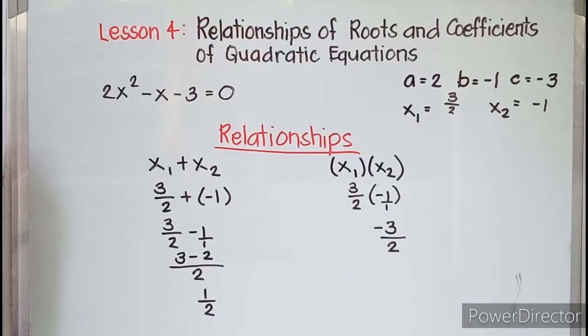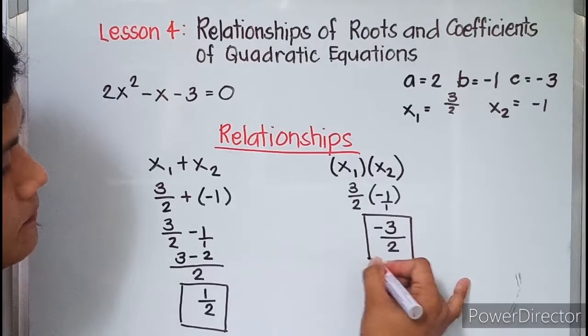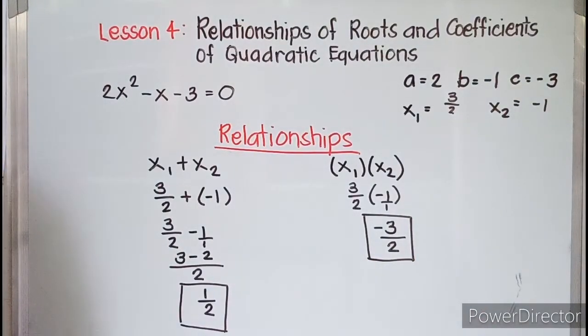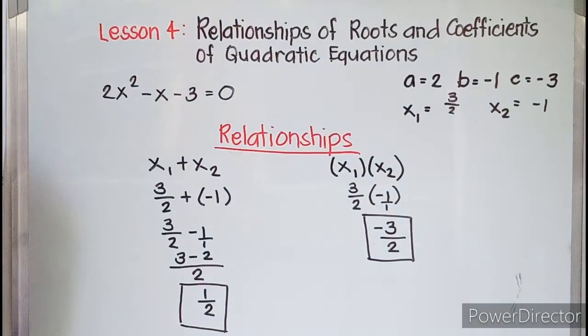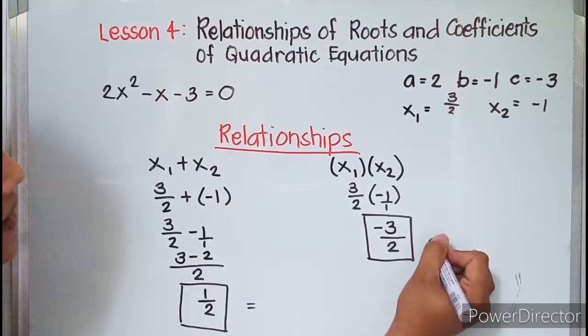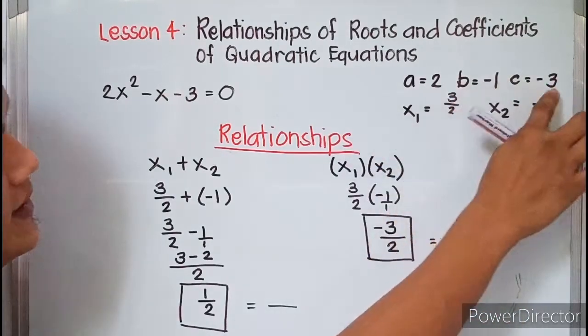Okay. So, take a look at our sum and take a look at our product. Okay. So, as you can see in our coefficients, our denominator is equal to what? A, B, or C?